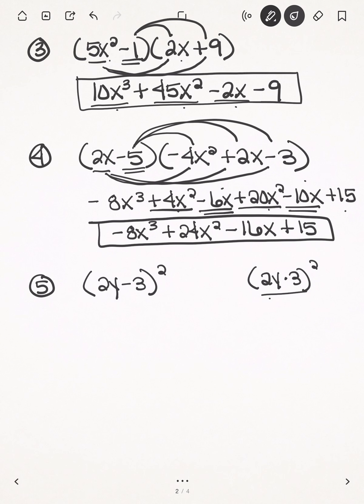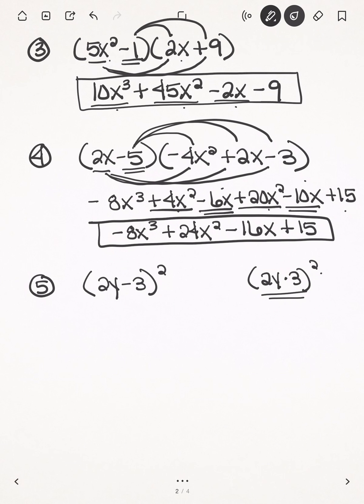That means you raise everything inside the parentheses to the second power, and we can do that when everything's all multiplied together. But we don't have multiplication inside. We have subtraction. So you cannot raise the 2y to the second power, and you cannot raise the 3 to the second power. You have to do something else.